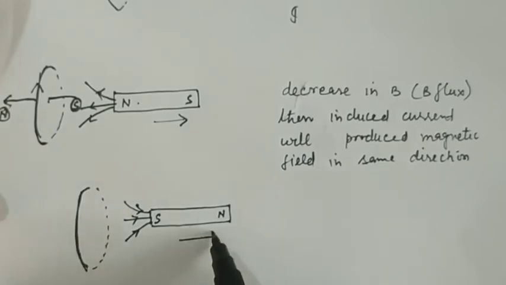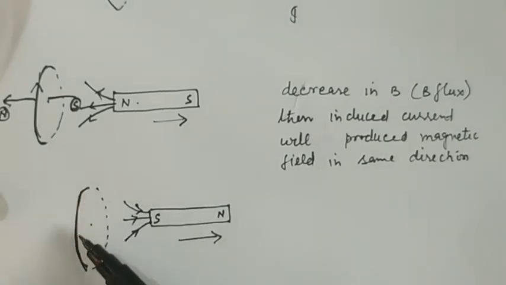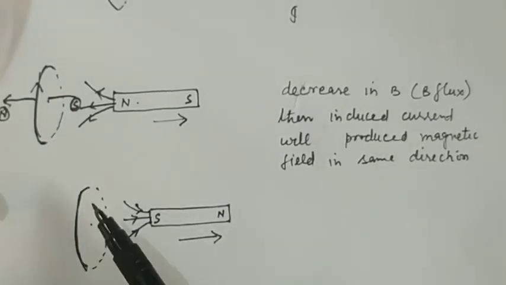As this bar magnet is pushed away, the magnetic field lines inside the loop decrease, and so does the magnetic flux. According to Lenz's law, the induced current is produced in this loop in such a way that it opposes this decrease.